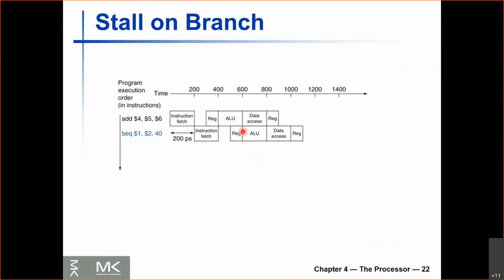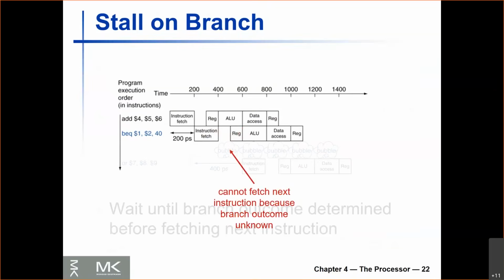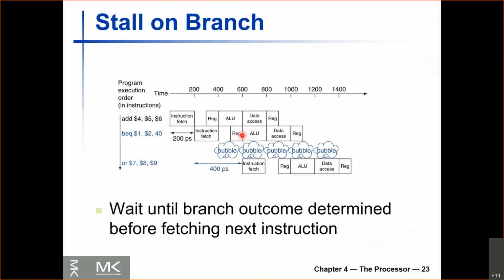So what do I need to do in this case? Right, exactly. I need to stall. I can't fetch the next instruction because I don't know what it is. I cannot fetch the instruction because the branch outcome is unknown yet, so I'm going to stall until the end of the instruction decode stage.